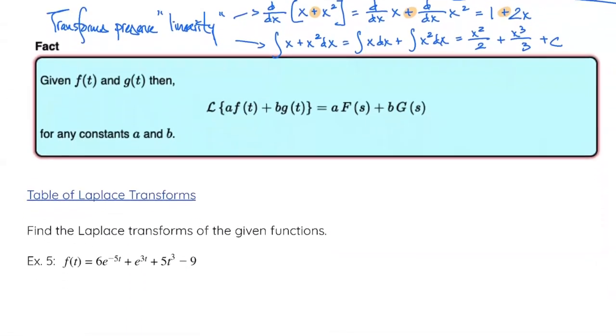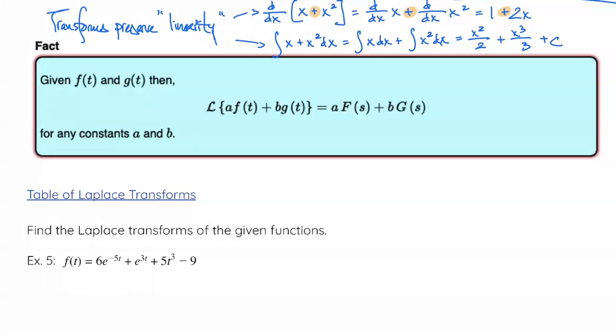Well, it turns out that since we're talking about a Laplace transform, that's our fancy symbol there, the same ideas apply. If I have a constant A and a constant B, and then I have two functions here, I can actually take the Laplace transform of one, take the Laplace transform of the second one, and then add them back together.